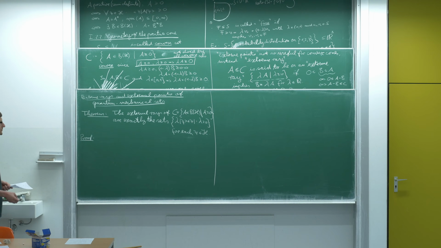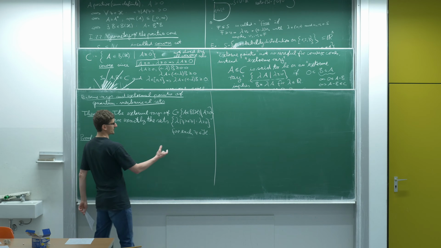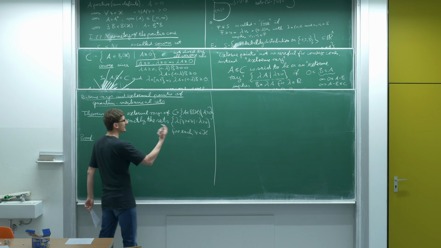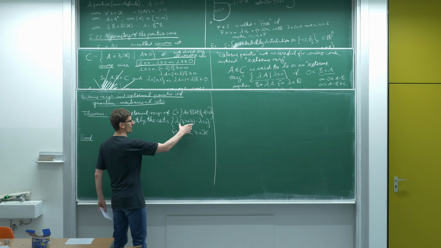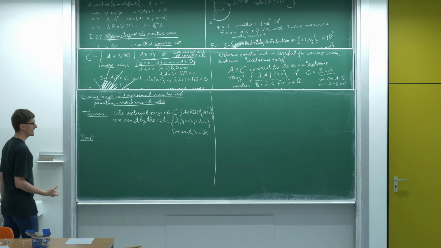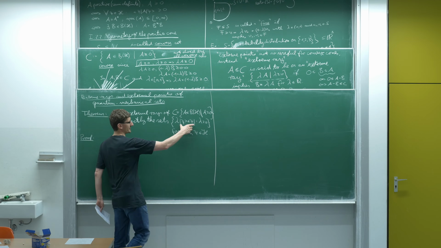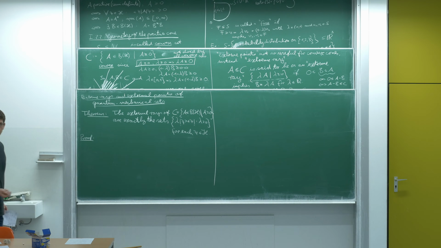So we have to show two different directions. Namely, we take a point on an extremal ray, and then we have to show that this point is a multiple of a pure state. And secondly, we have to show that every multiple of a pure state lies on an extremal ray.